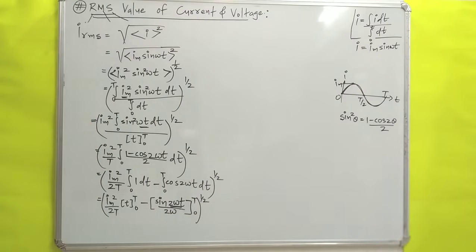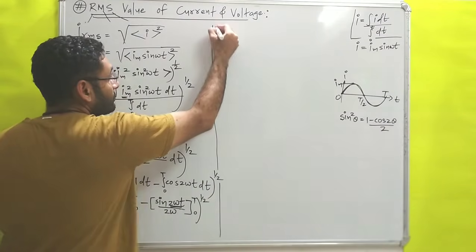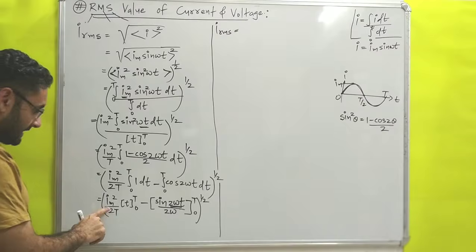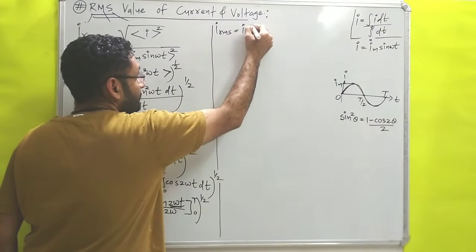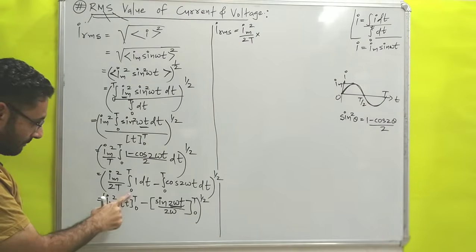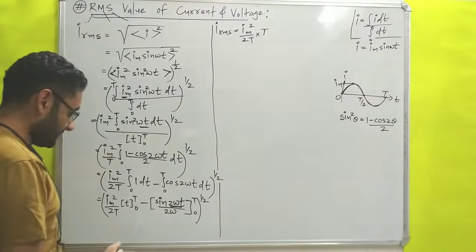Now next, for this IRMS of current, the IRMS value is equal to Im square divided by 2T multiplied with upper limit minus lower limit, so capital T minus 0, so it would be T only.